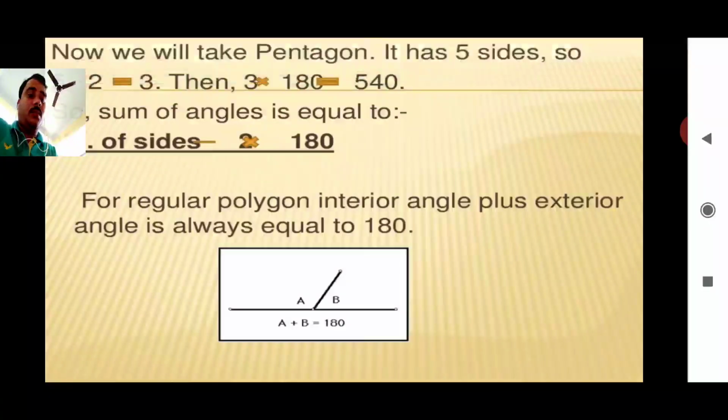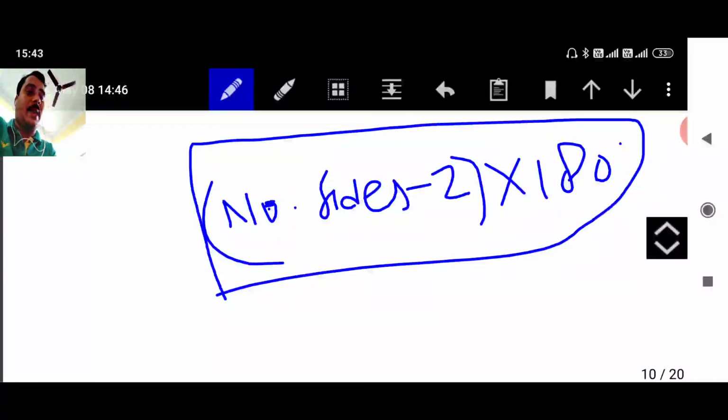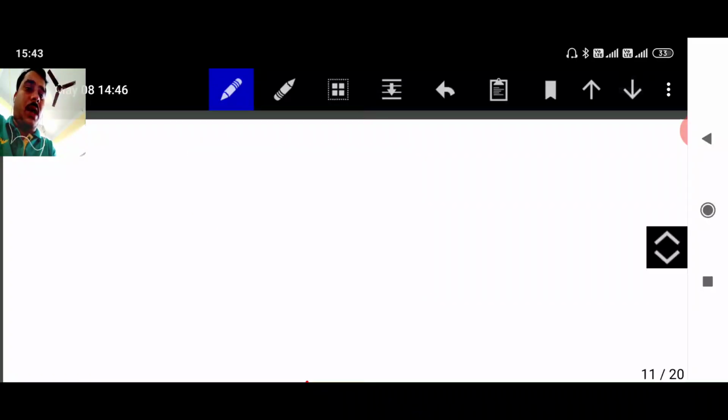Students, it is also important to note that in a regular polygon, interior angle plus exterior angle is always equal to 180. This means if we sum the interior and exterior angle, we always get 180.